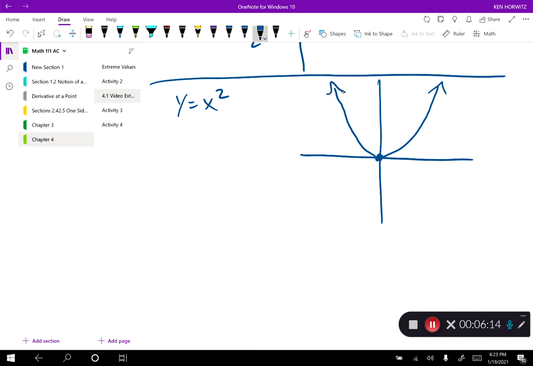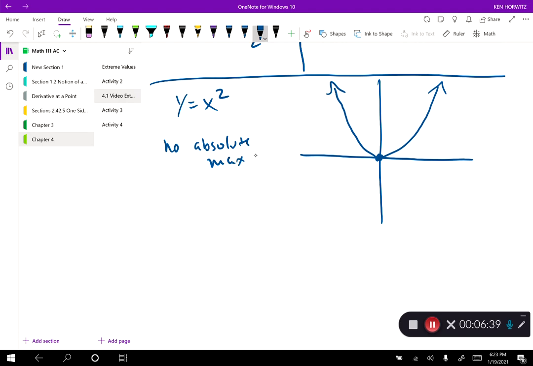Now the thing to remember is infinity is not a real number. When we're talking about an absolute maximum or absolute minimum, we need a real number. So if you're headed towards infinity, I would say there's no absolute maximum, because infinity is not a real number.